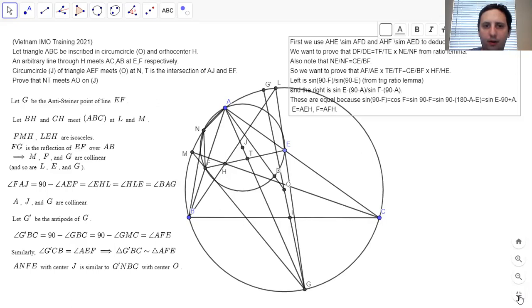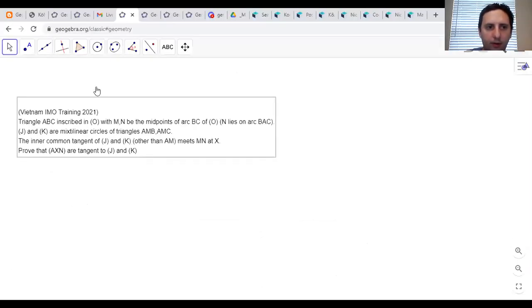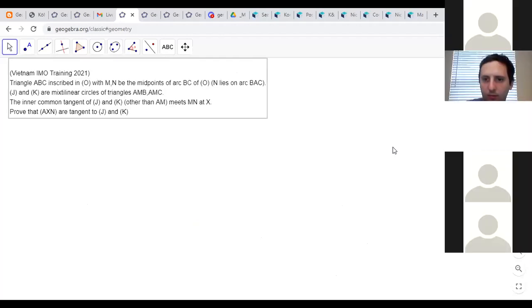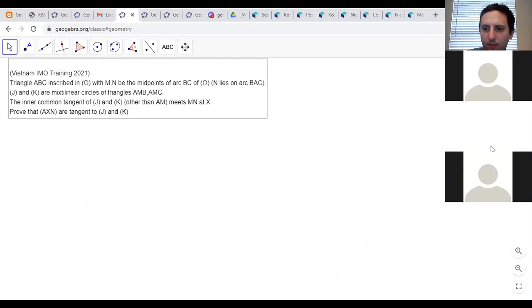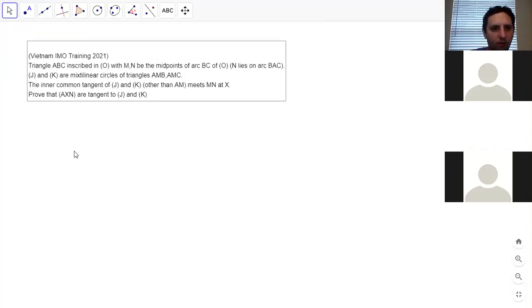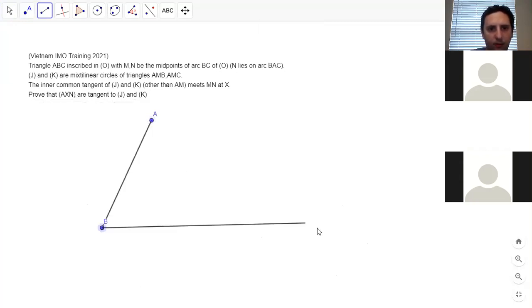All right, so this is the third problem from the Vietnam IMO training. So we have a triangle ABC and a circle O. M and N are the midpoints of arc BC.